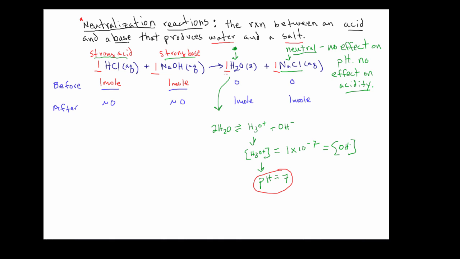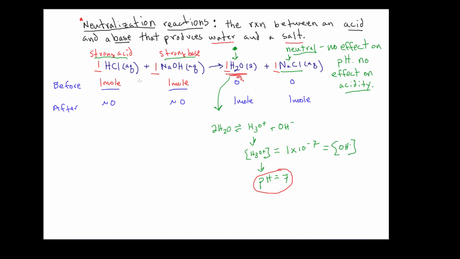The only product in the reaction mixture that has any effect on pH is water, and the pH of water is 7. So these reactions, I believe, were called neutralizations in the first place because the major product that you get out of the reaction that has an effect on pH is water, and the pH of water is 7.